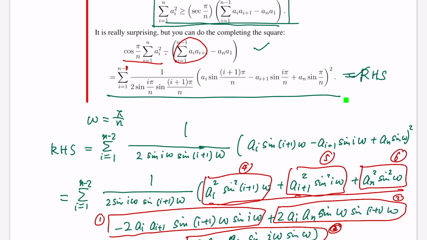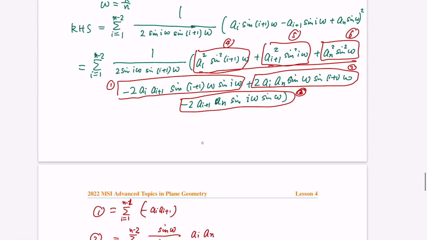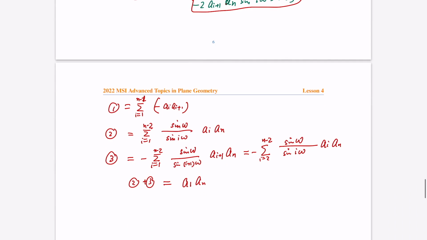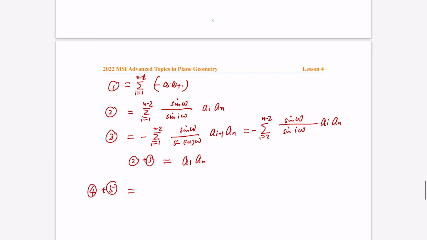It's just a lot of trigonometric identities you probably have to cope with. But 4 and 5, you probably expect some cancellation, and this is indeed the case. So maybe we can put 4 and 5 together. So let me do 4 plus 5 is equal to, so let's work on 4.